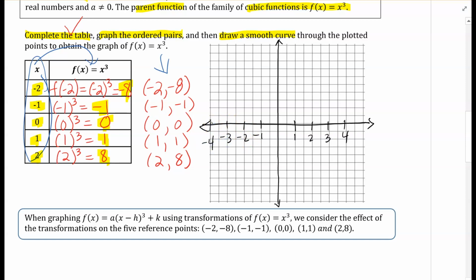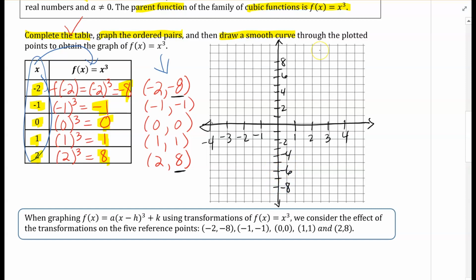And then for my y-axis, since I need to go from -8 to 8, my scale for my y-axis is going to go by 1. So this is going to be 1, 2, 3, 4, 5, 6, 7, 8, and -1, -2, -3, -4, -5, -6, all the way to -8, okay?